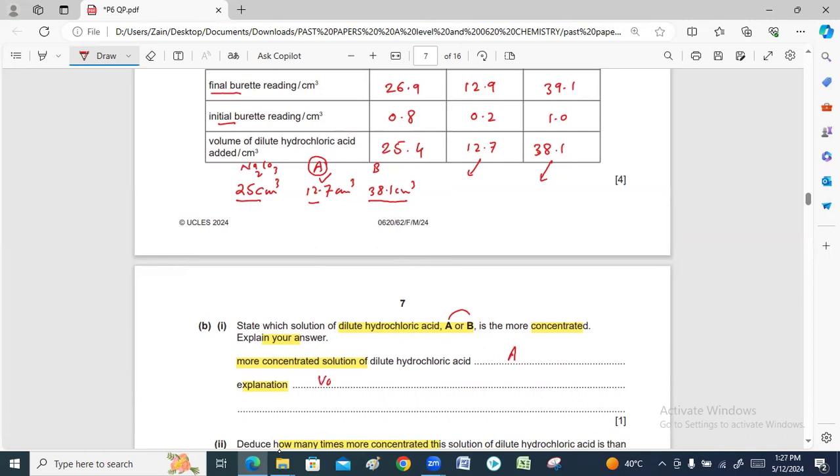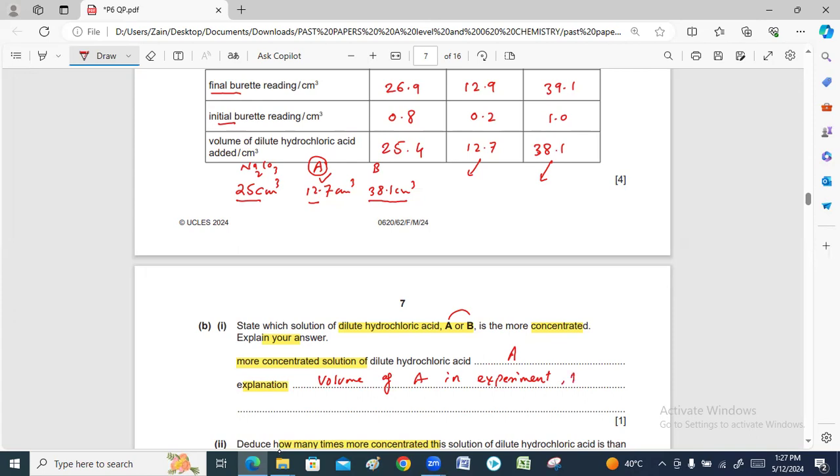You can compare the volumes, because the volume of A in experiment 1, or you can say experiment 2, we can compare with the 25.4 as well.